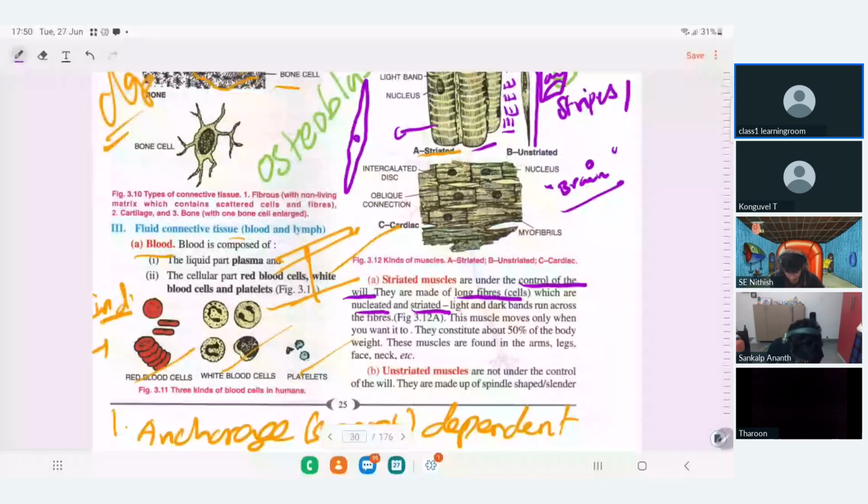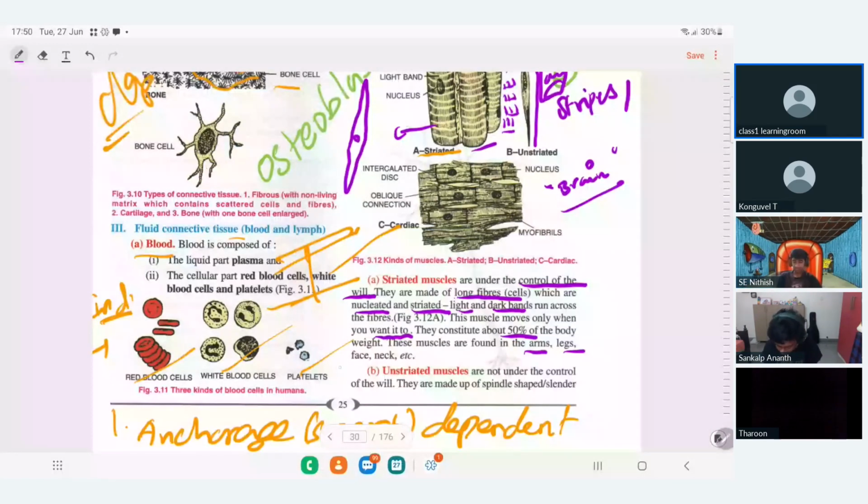The muscle moves only when you want it to. In our body, 50% of the weight is because of the striated muscle. Where are they present? In your arms, legs, face, neck, etc.